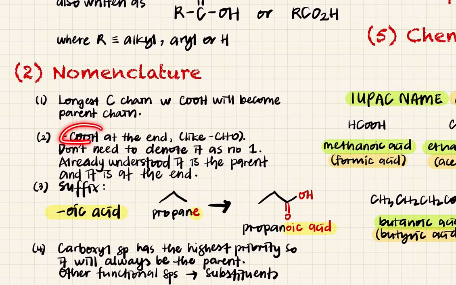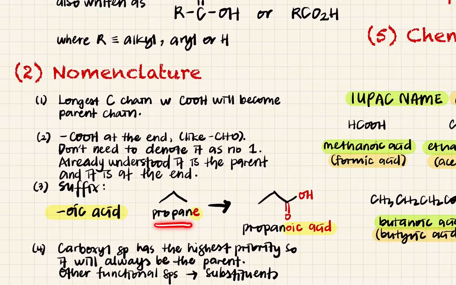So COOH will always be at the end, just like aldehyde, CHO. You don't need to say that it is number 1 when you just have one carboxyl group. It is understood that it is at the end.